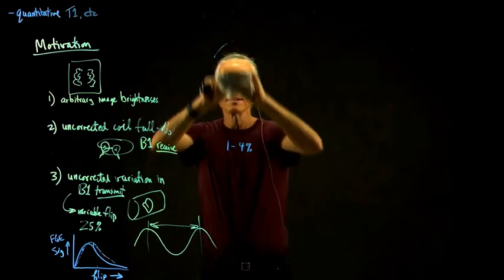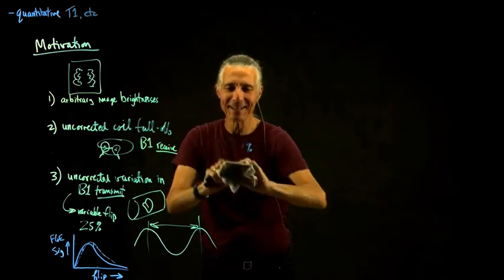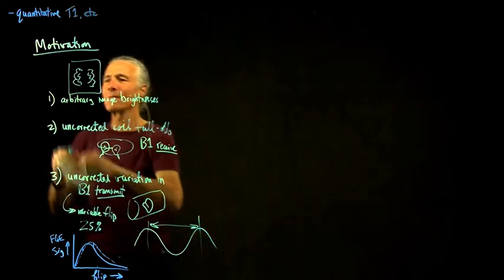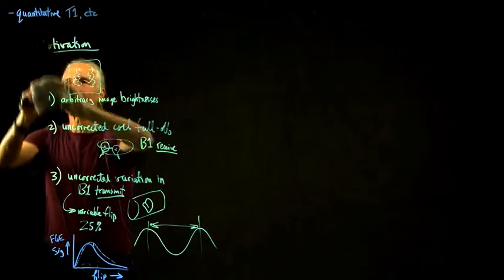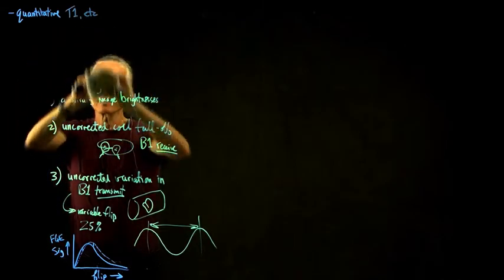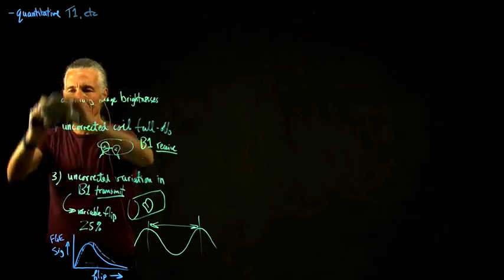Now you might wonder, why doesn't anybody do this? Because actually hardly anybody does this. And the general reason is that the only way you can do this is by collecting more data.